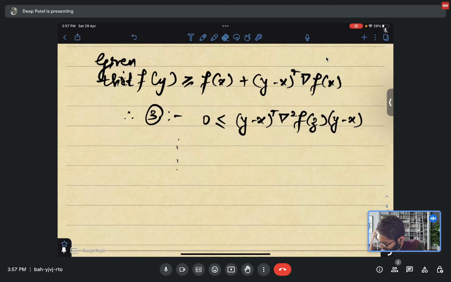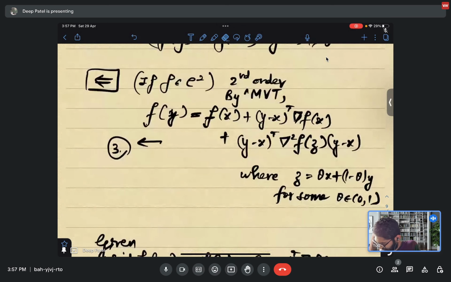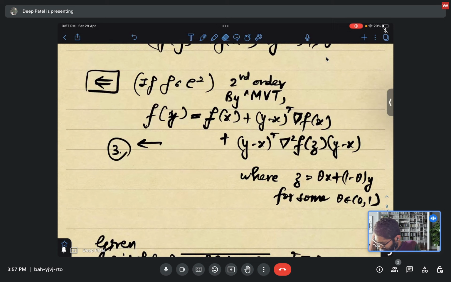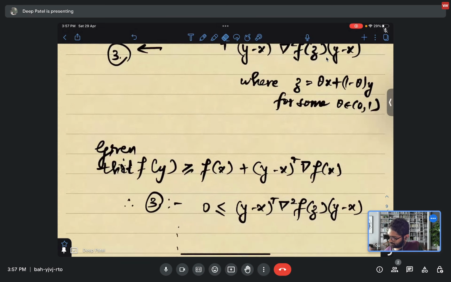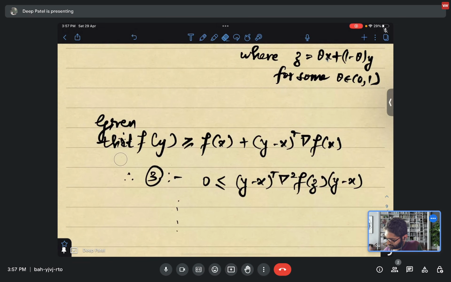Let's see, this is not conclusive, so I thought I'll get something here, but if f is... I'm using second order mean value theorem, using the fact that I have the first order characterization.